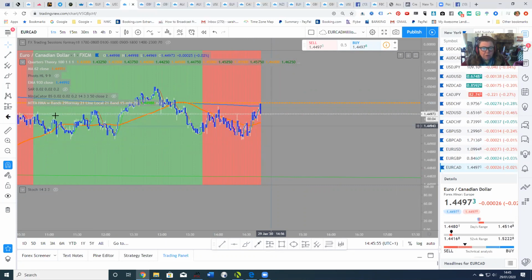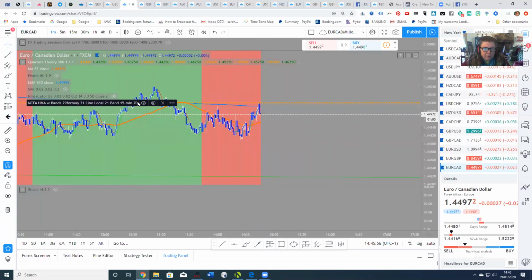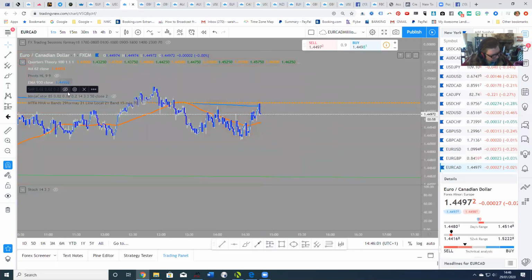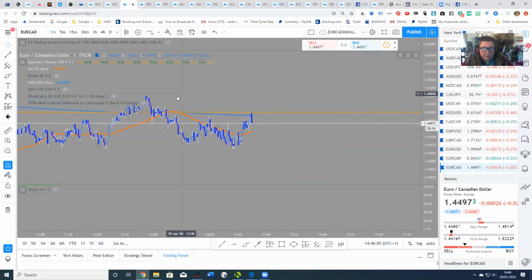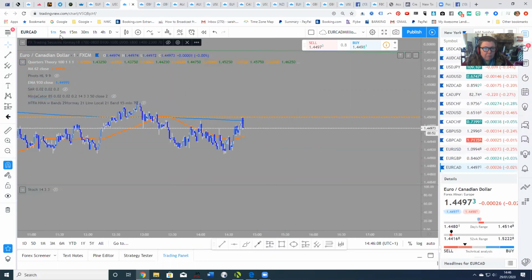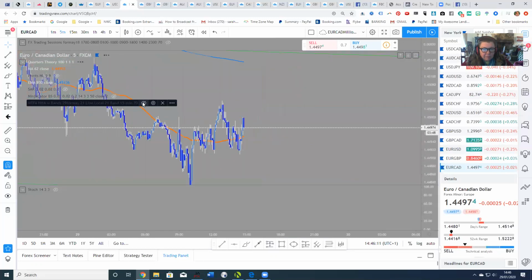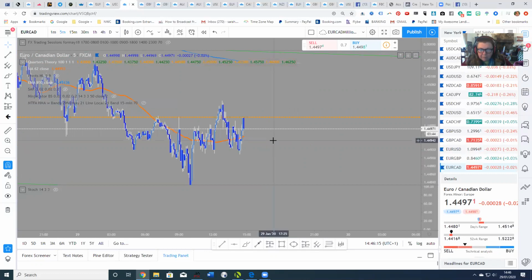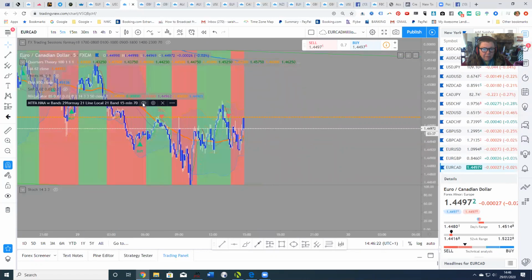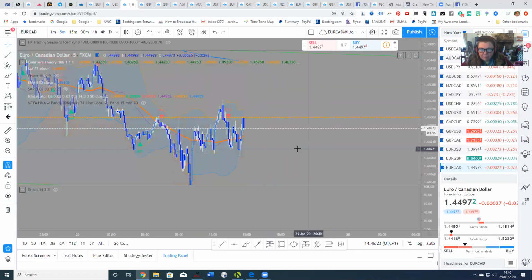So if you've got your indicator on, let me take off the Hull and let's just see what the indicator says now. Give it a moment to load. Pressed the wrong button, that one.